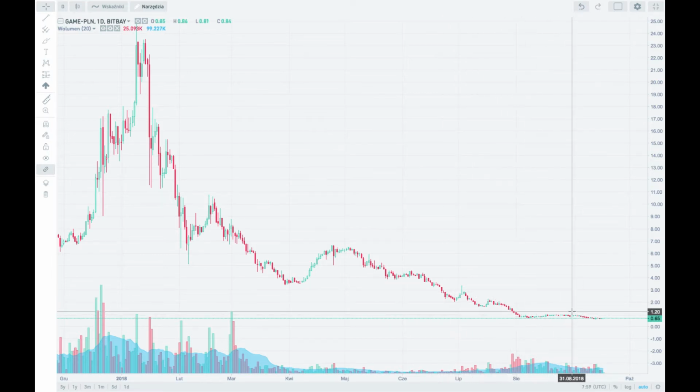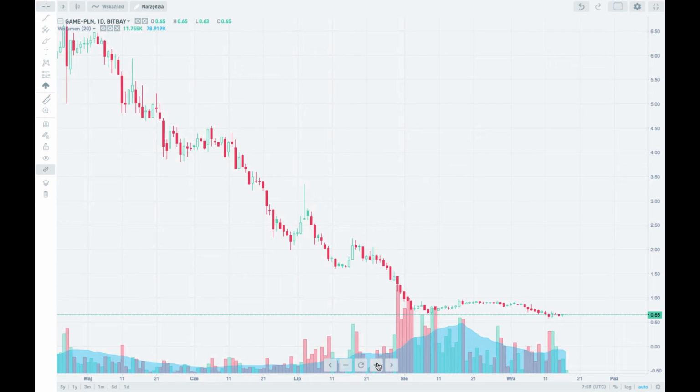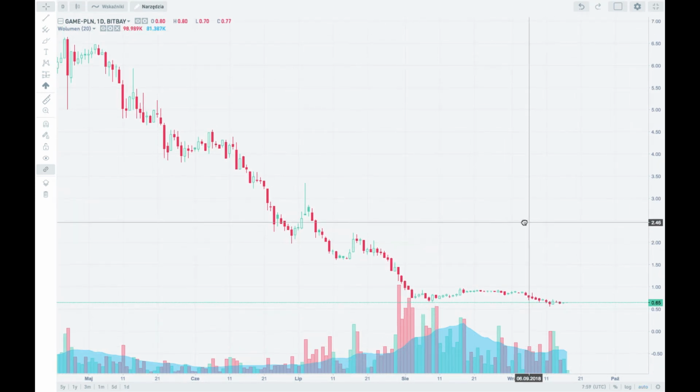So the interest is down, but the volume is at least average. But the main volume here is obviously the red one, which means it is down volume. This is not a very good message for bulls.